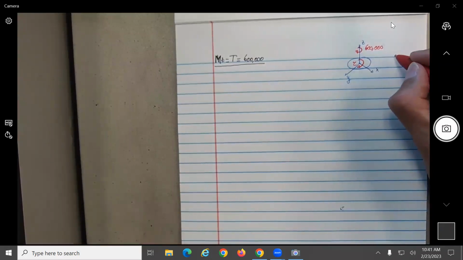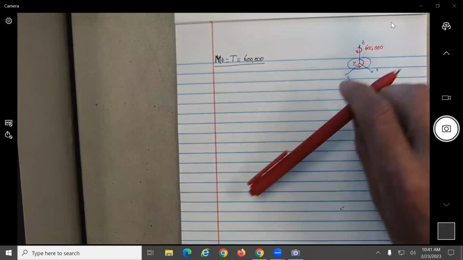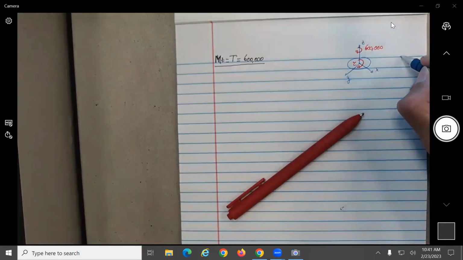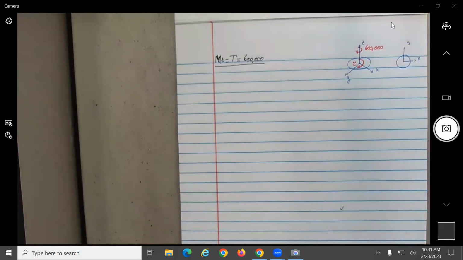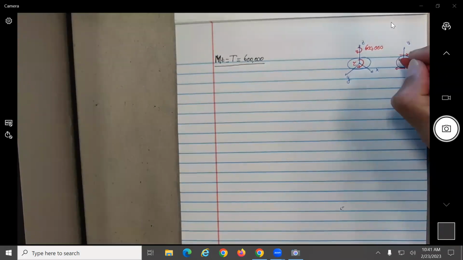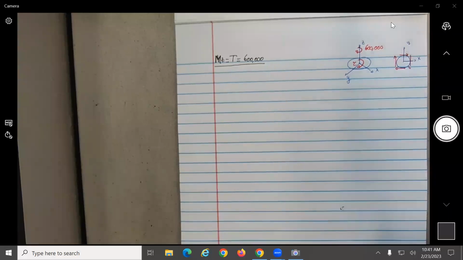So let's see if I need to do this. Okay, let's do maybe now this figure here just with the X and Y, just to double check something. So we'll be going clockwise. That means that if we look at the stress, it will be going this way, this way, this way, and this way, no?